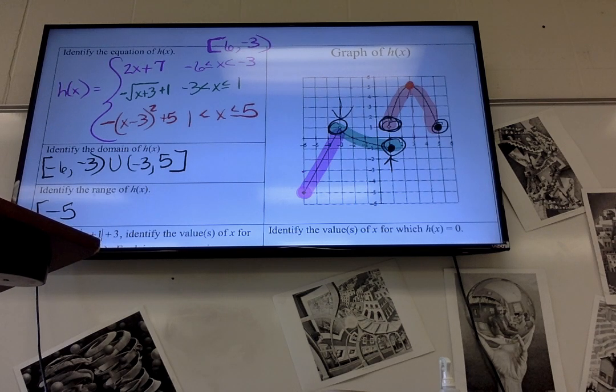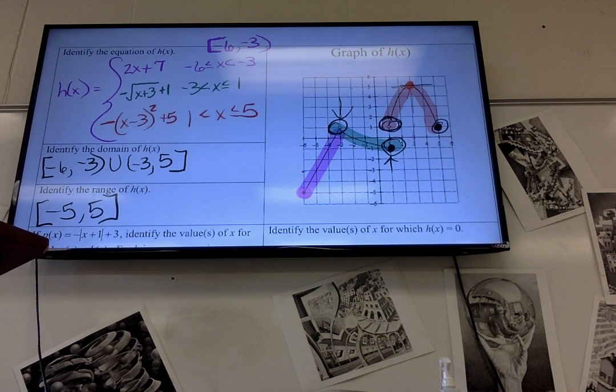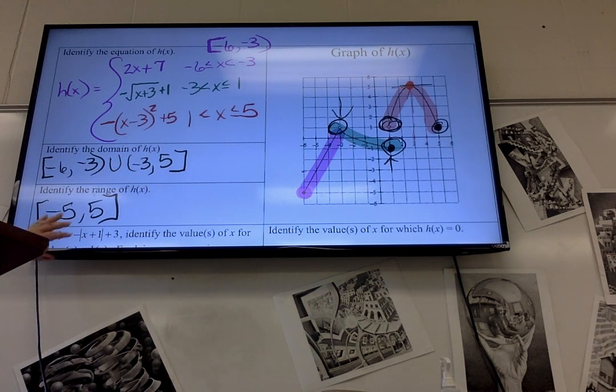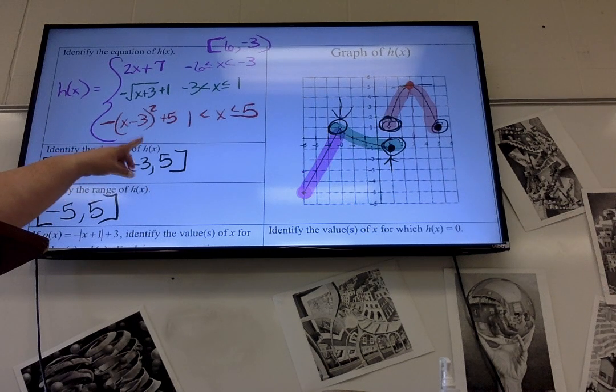So it goes all the way up here to 5. So the only time you leave out a point is if there is no value for, in this case, h of x at that point. And then for the y, there's no value of h of 1, but there is h of 5 is 1. So that's why it's part of the range.